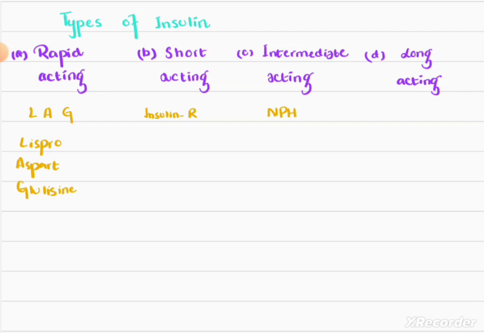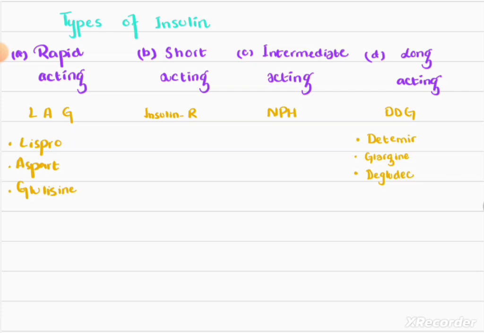The mnemonic of long-acting insulin is DDG, which means it has Detemir, Glargine, and the third kind is Degludec. So these are the three longer acting insulins, and those were the three rapid acting insulins.